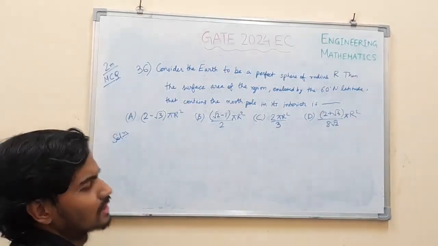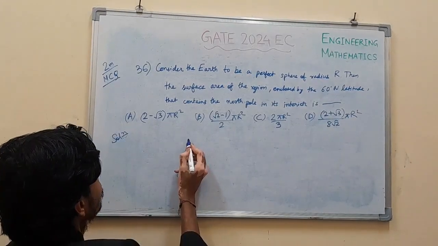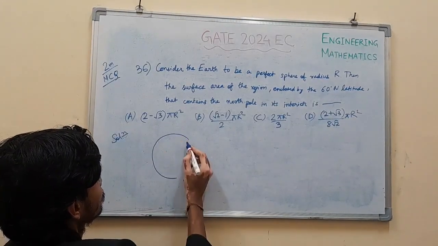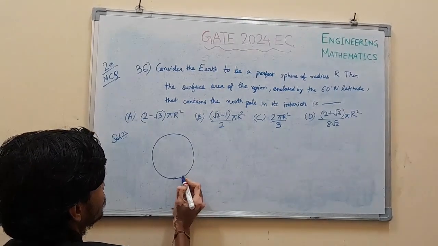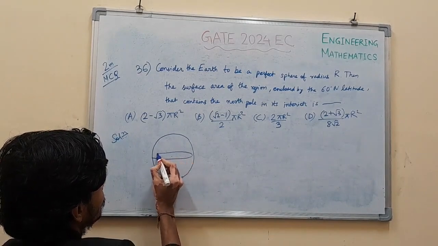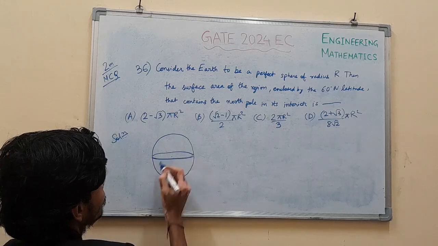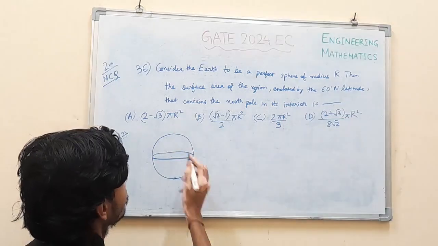Solution, let's move ahead. It is a fairly easy question, though a little conceptual. Let's draw the earth first, which is considered to be a perfect sphere here. So there are these kinds of circular surfaces, infinite surfaces.